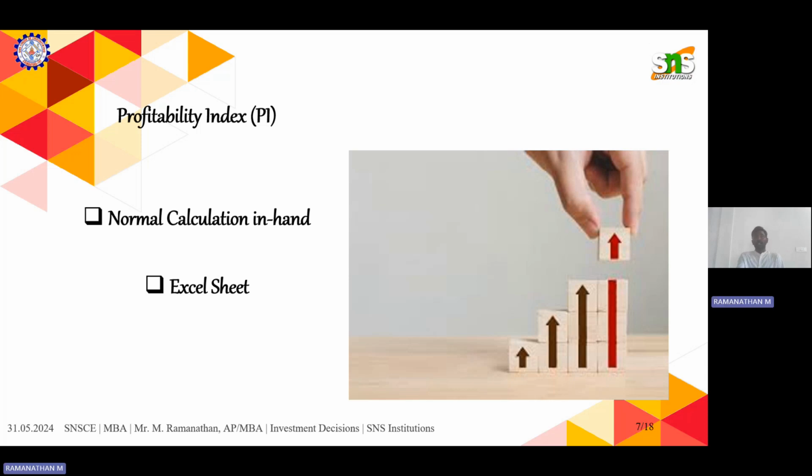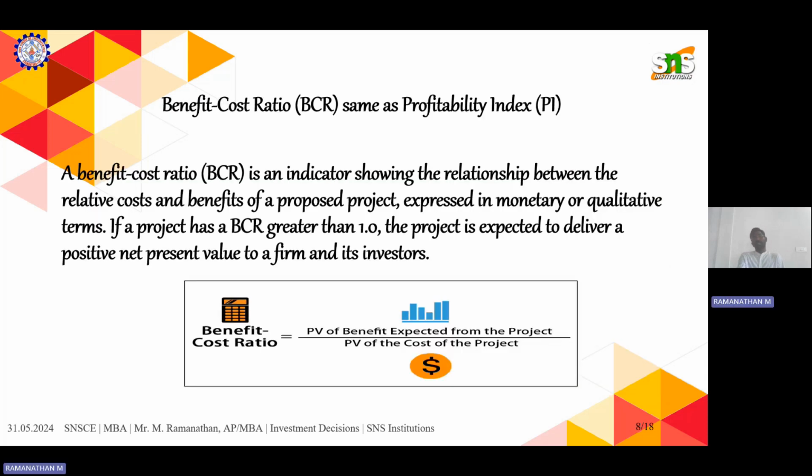As I told, profitability index is also called benefit cost ratio or cost benefit ratio. A benefit cost ratio is an indicator showing the relationship between the relative cost and the benefit of the proposed project, expressed in monetary or quantifiable and qualitative terms.